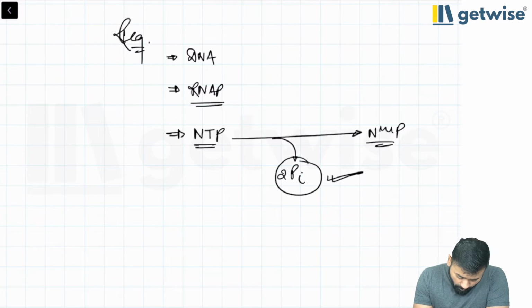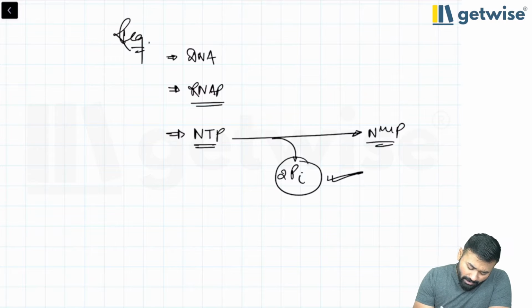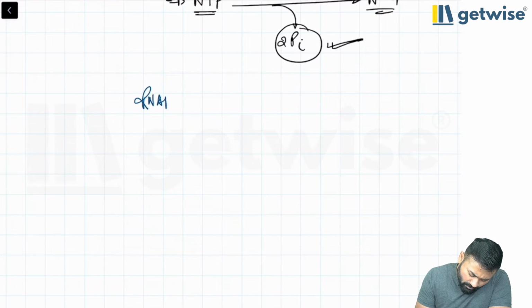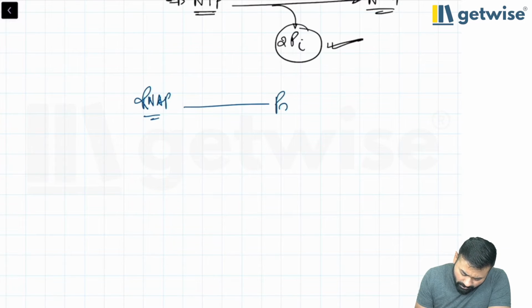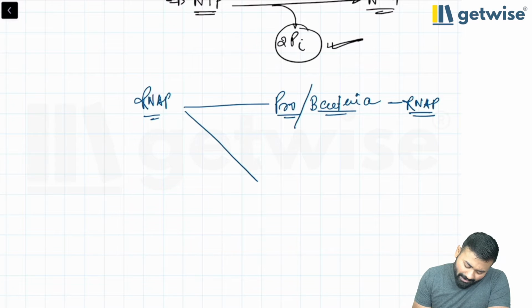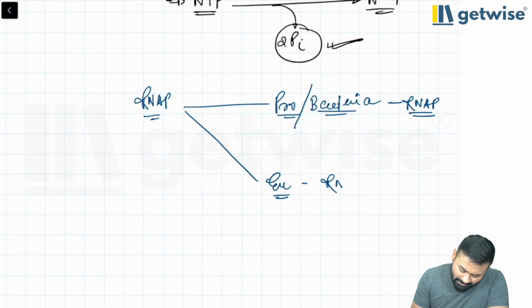Got it? Now let's have a detailed discussion about RNA polymerase. In the prokaryotes or bacteria, there is only one RNA polymerase. It will do the entire job. Unlike in the eukaryotes, we have three RNA polymerases named RNA polymerase 1, 2 and 3.